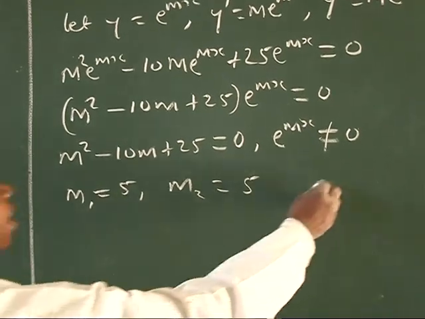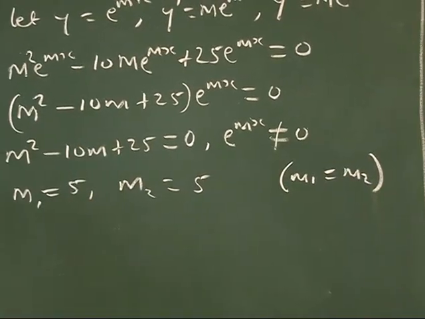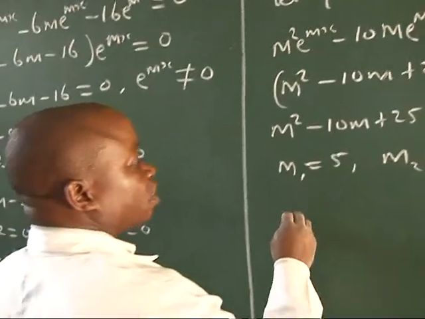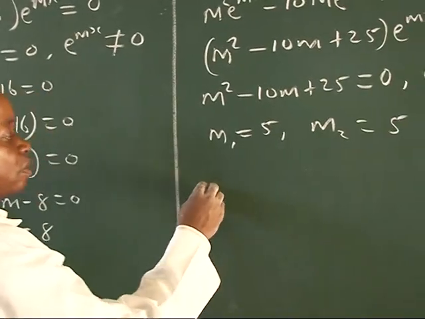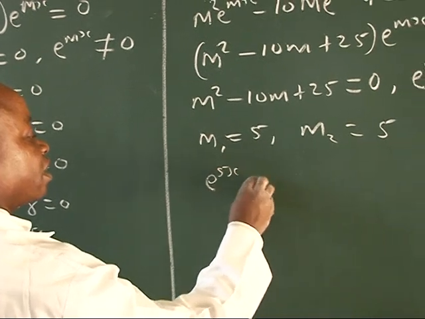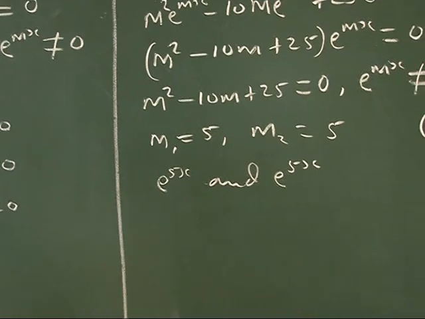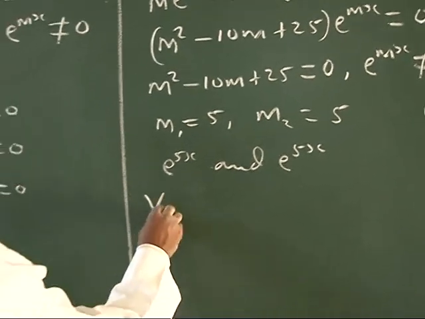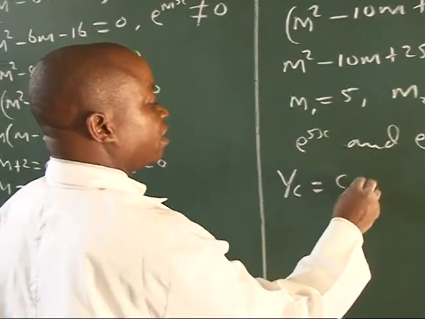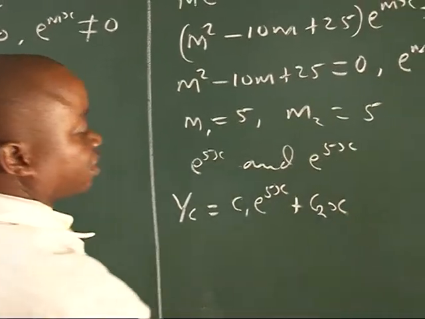You can now see here that m1 is equal to m2. So in this case, we say that the two linearly independent solutions will be exponential 5x and x exponential 5x. And so the general solution becomes yc is equal to c1 exponential 5x plus c2 x exponential 5x. Look at that.